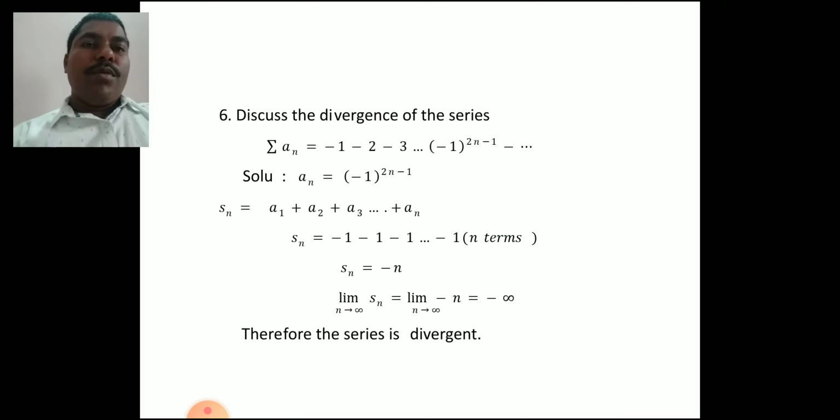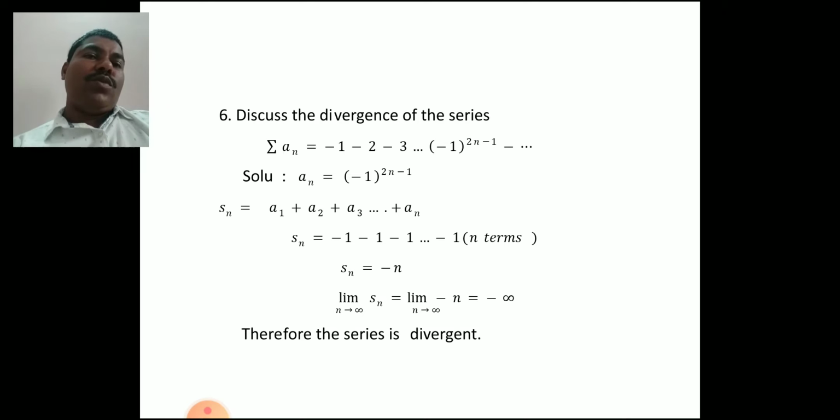And the sixth problem is to discuss the divergence of the series summation an is equal to -1, -2, -3 up to -1 raised to 2n minus 1. Here an is the nth term of the given series, that is -1 raised to 2n minus 1.